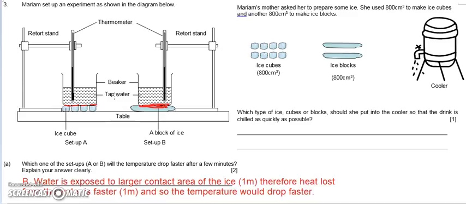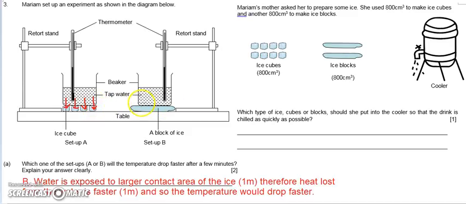So the answer here would be B because the water is exposed to a larger contact area of the ice. Therefore, the heat loss from the water will be faster. Because there is heat in the water, it can only escape at the points where the ice is touching the beaker in this particular case.